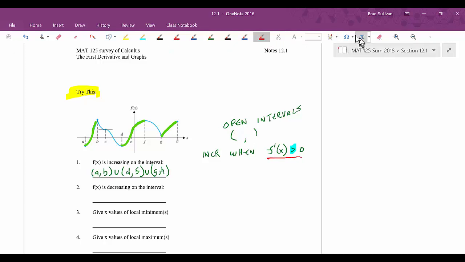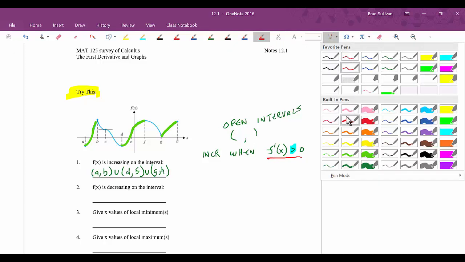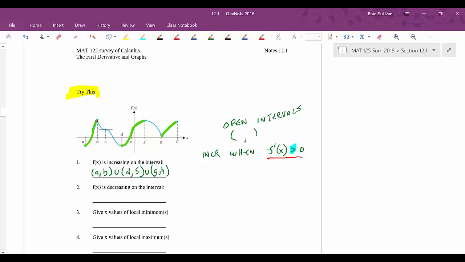All right, now we're going to go to decreasing. Let me take a different color, say this orange. The y values are getting smaller. Right here the derivative is equal to 0, so that doesn't count, because you're decreasing when f prime of x is less than 0. So it's got to be negative.